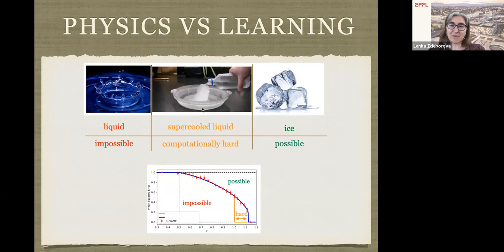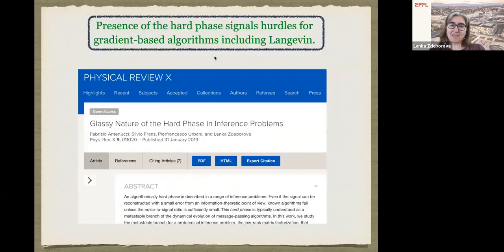But what is more interesting is the suggestion of a mechanism that if the hard phase is there, even a very small one, then it causes hurdles for gradient-based algorithms for a large range of the sample complexities. This is a heuristically put forward hypothesis that we put forward in this paper.